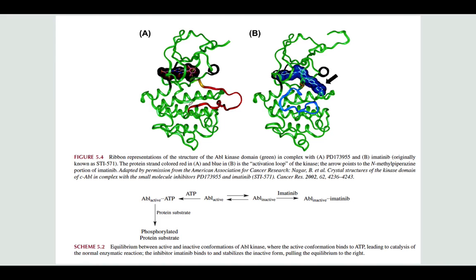So this is the crystal structure of imatinib bound to the enzyme, and this is the crystal structure of another inhibitor that is also bound to the enzyme. When you look at the structure of the enzymes, you realize that they are very different. This is the active form, and this is the inactive form.